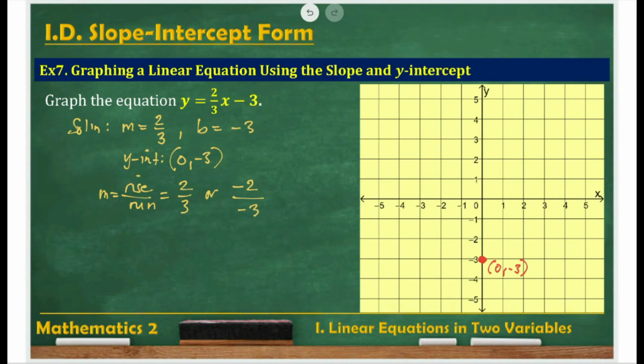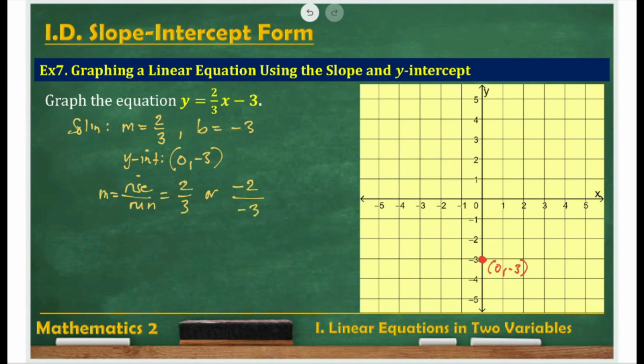Now, since I plotted the point 0, negative 3 already, if we look at the location of the point 0, negative 3, it is found below, at the lower part of the graph. So that means to locate another point, we can just move up.